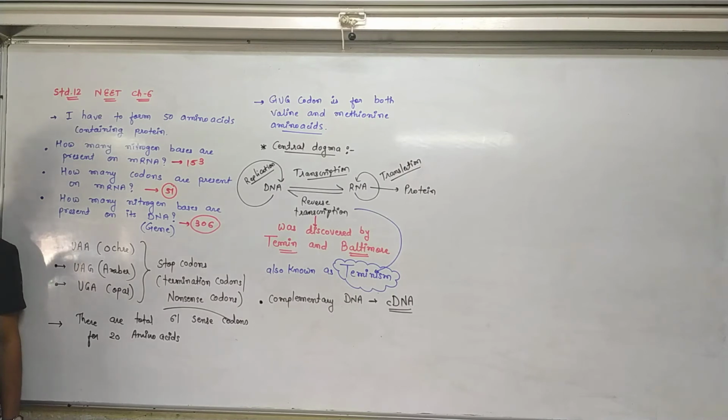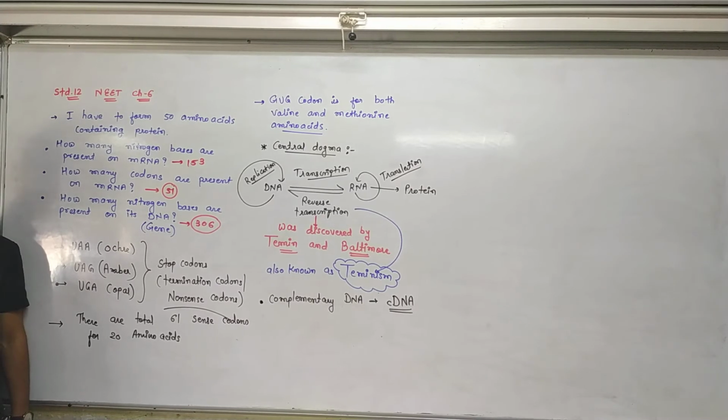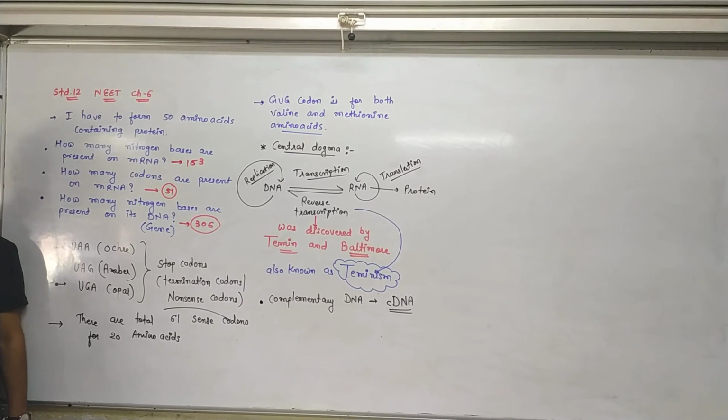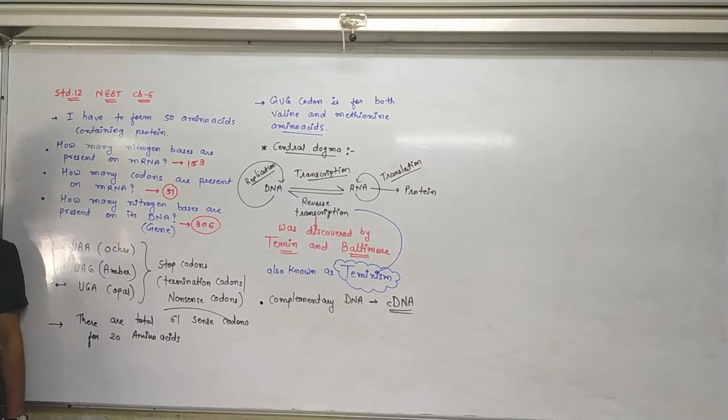So the complementary strand will be formed and from that the viral dsDNA. And now this viral dsDNA becomes the genetic material in the host cell, and now the host cell performs its activity according to this affected dsDNA.